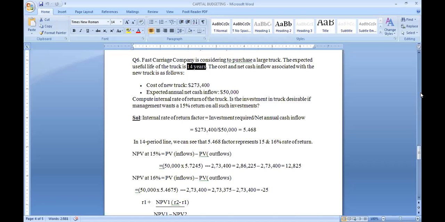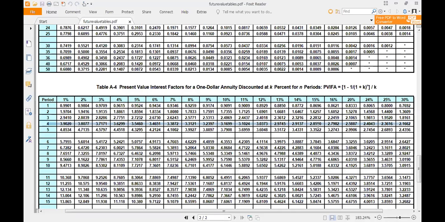So again, we'll move to the present value table of annuity. Now here, the first thing that you want to do is highlight the entire line for 14 years. So this is the 14 years row.